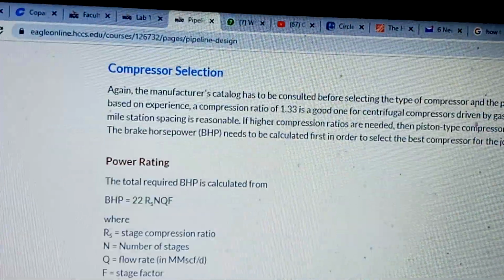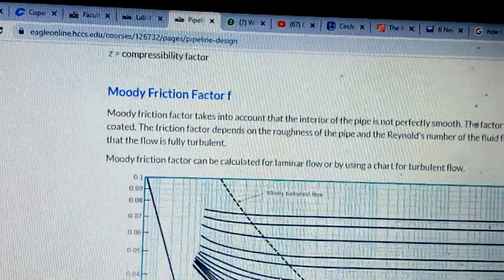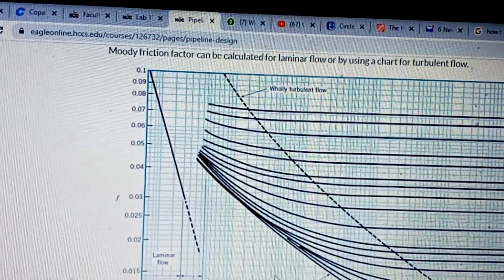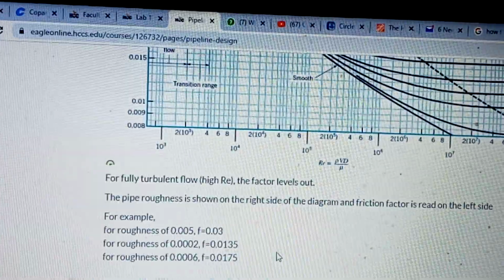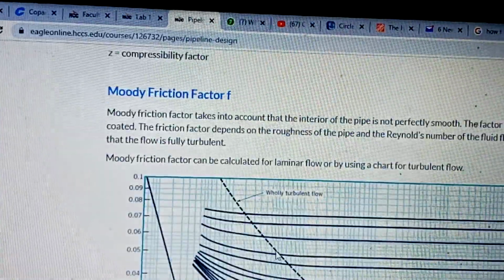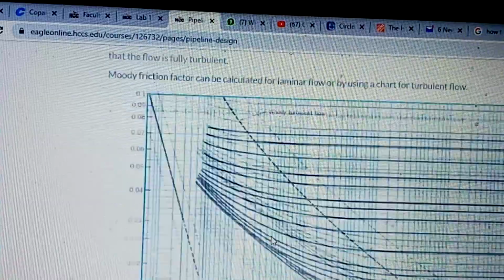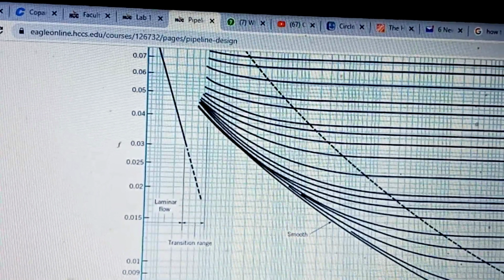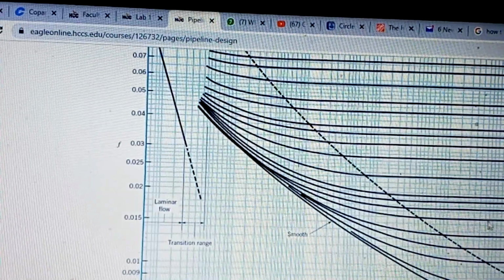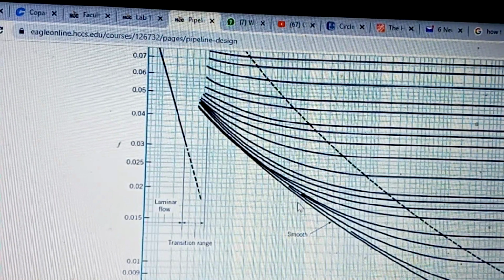Now if I scroll, to enjoy this, it's better to print it out and use a ruler too. Now I'm going to look at 0.006, which is that. I'm going to trace it to the left.